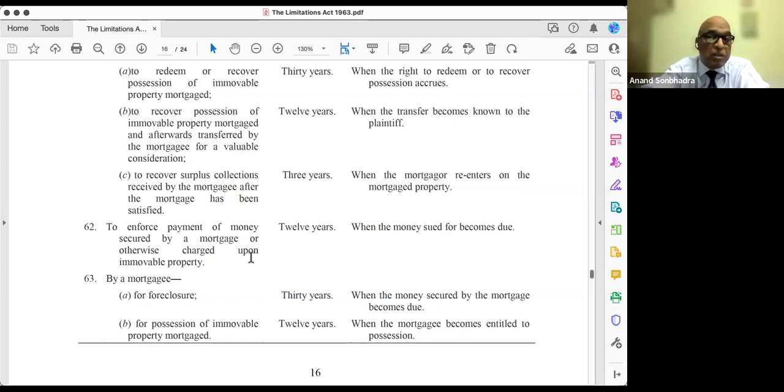And we will see the judicial pronouncements in that aspect where the runtime begins from the date of default. There may be a case where the date of default has been taken as the date of declaration of NPA. However, largely it is the date of default which is coming.